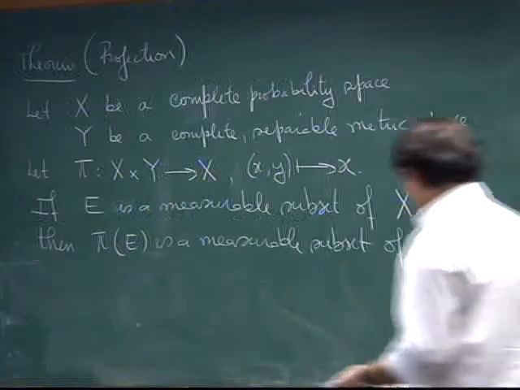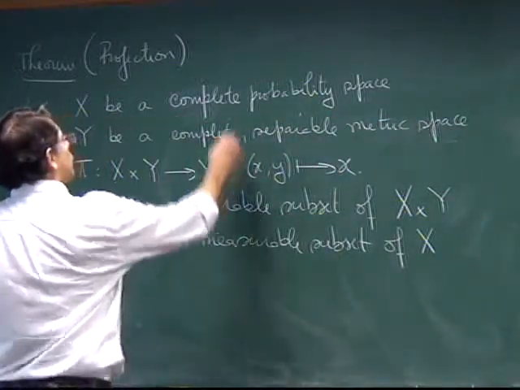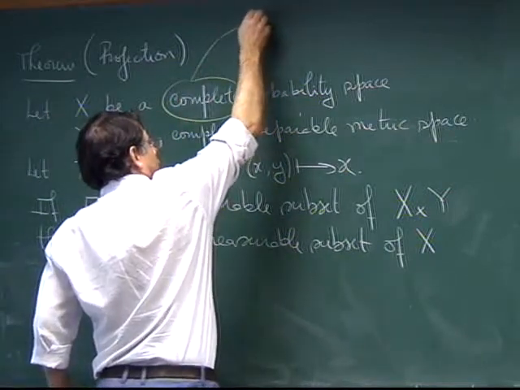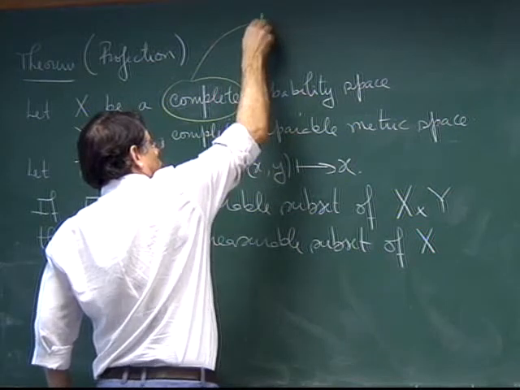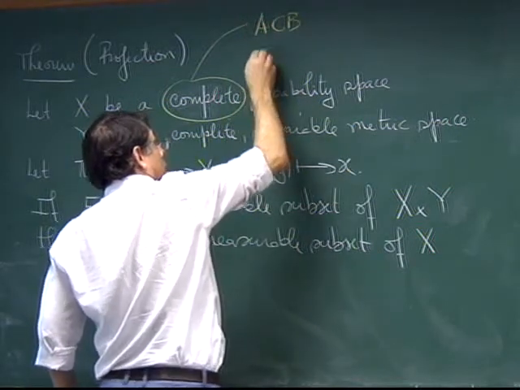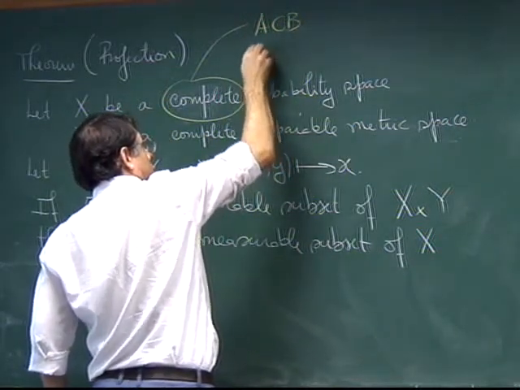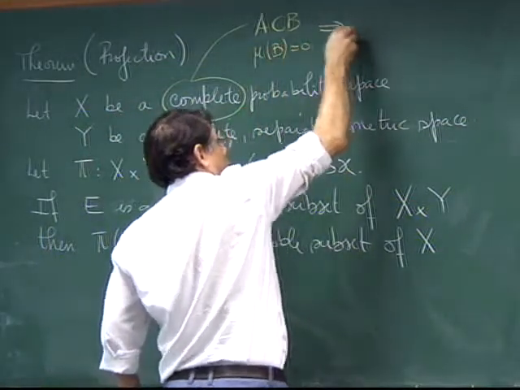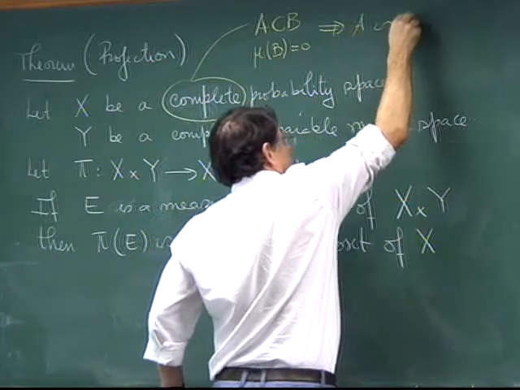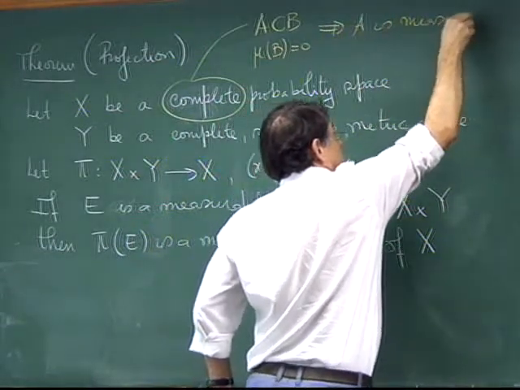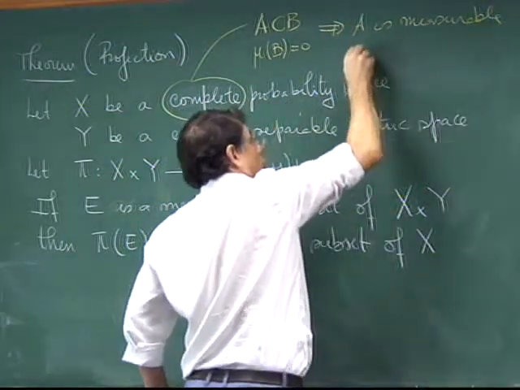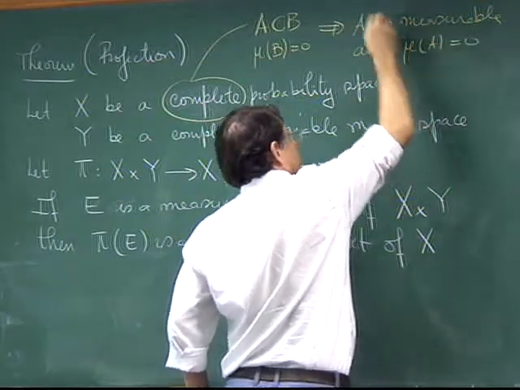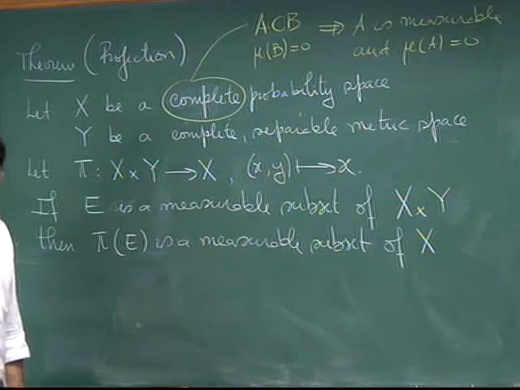So explaining the keywords, complete here means that if A is contained in B and measure of B is 0, then A is measurable, and of course the measure of A is 0. Okay.